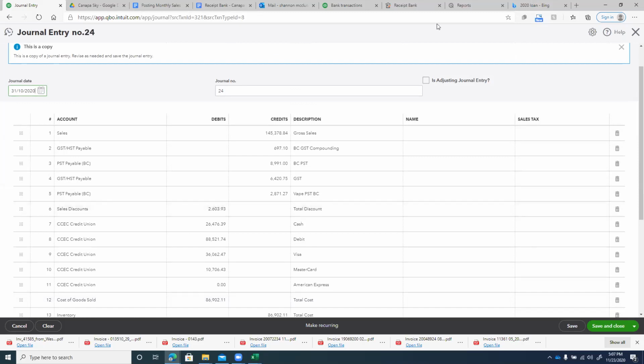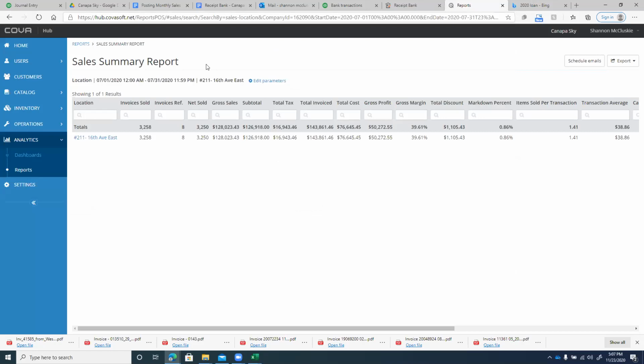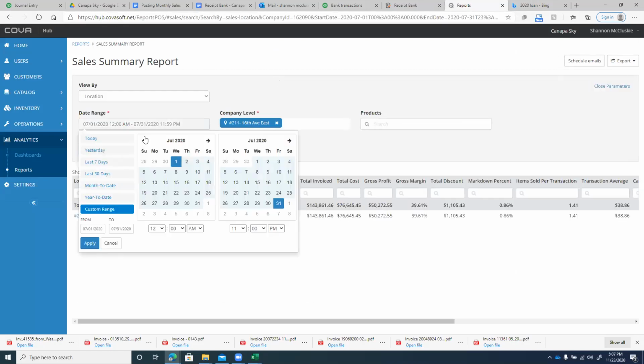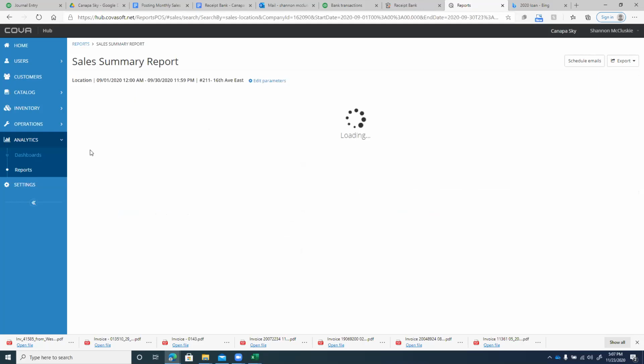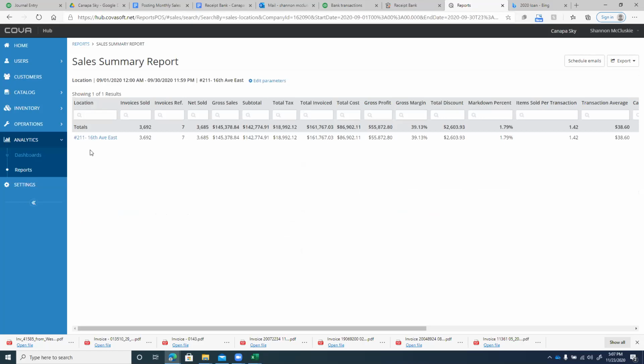to be October's numbers. So I ran this report for the wrong month. If you want to check and make sure that you've pulled this report correctly, you can first run it for the prior month and make sure that the numbers are the same.